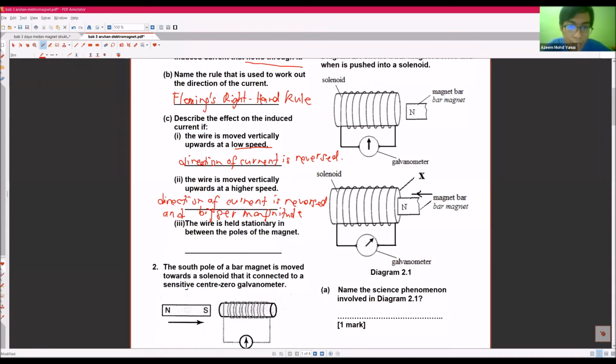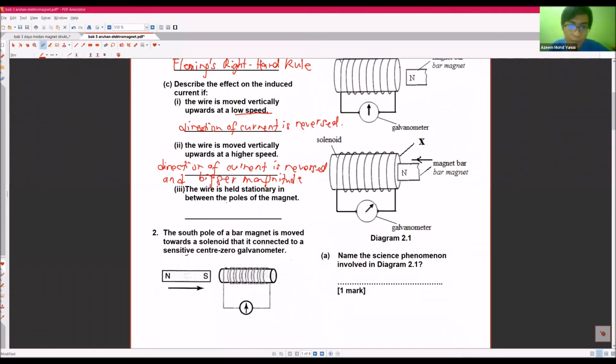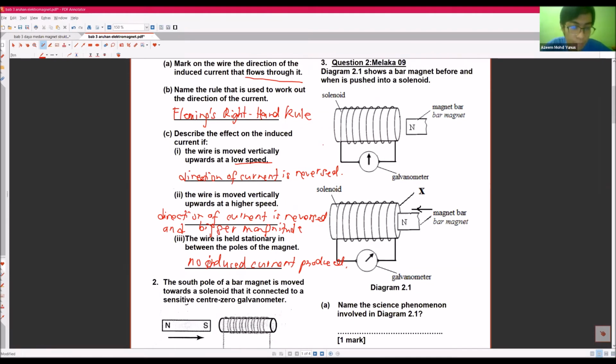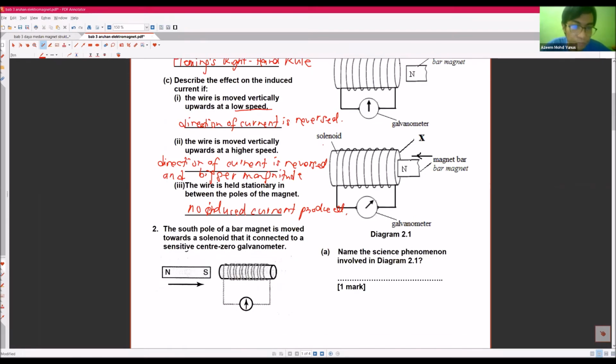The wire is held stationary in between the poles of the magnet. No current is produced, because we don't have relative motion, thus the magnetic flux has no cutting.